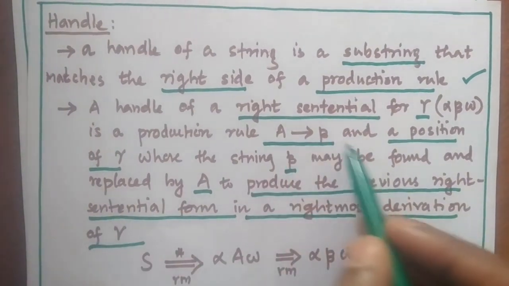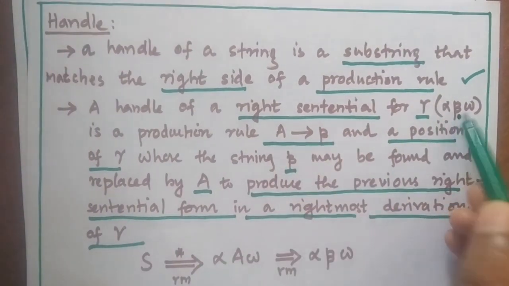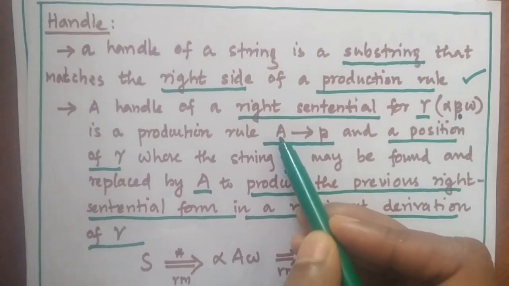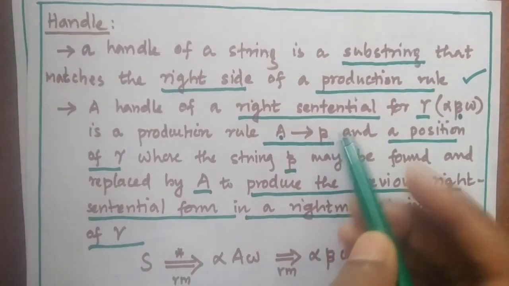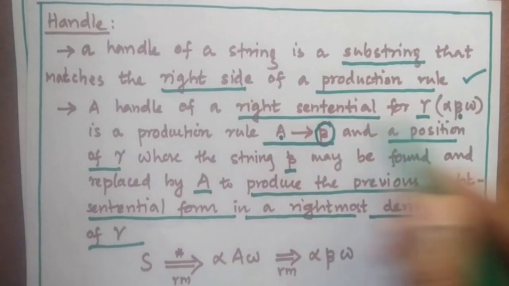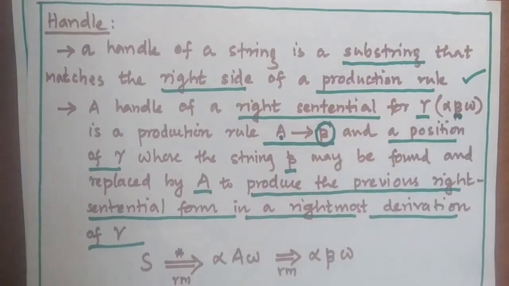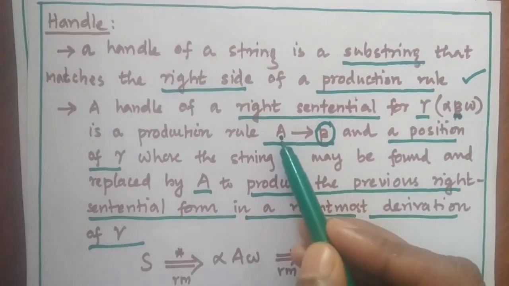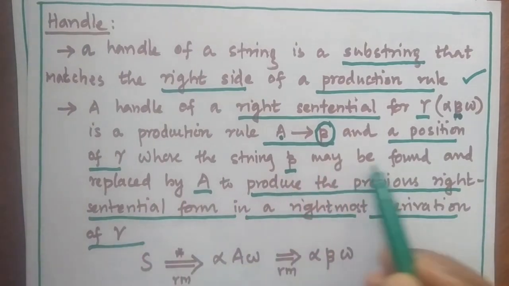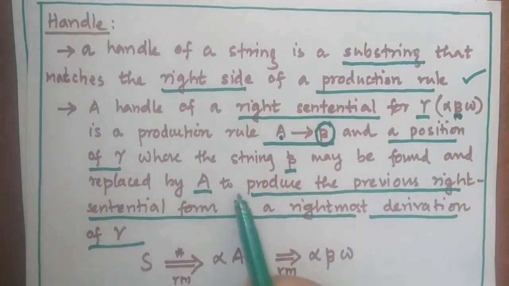Because we have identified beta as the substring present in the right sentential form, and when we replace beta by A, the left side of the production, we produce the previous right sentential form in a rightmost derivation of gamma.